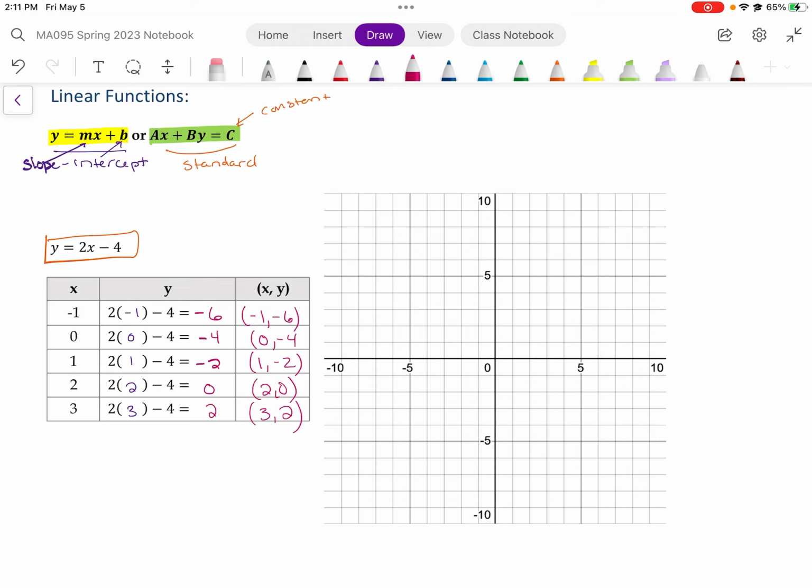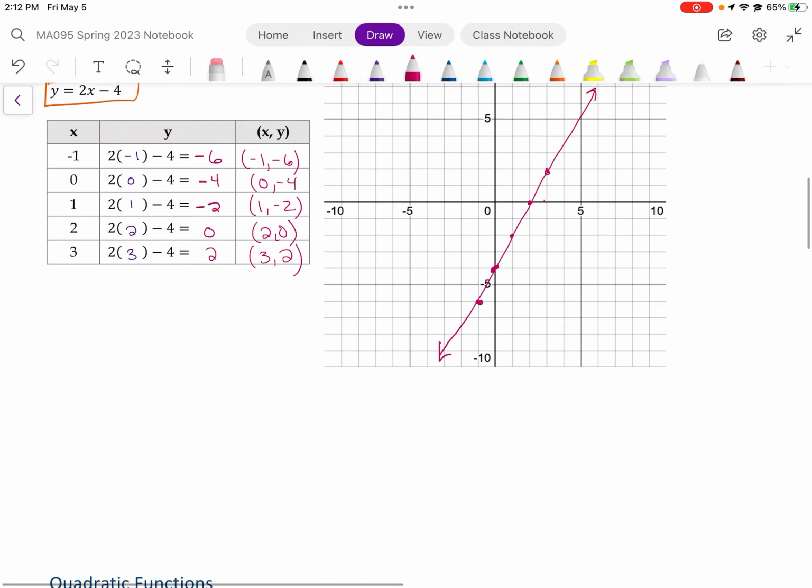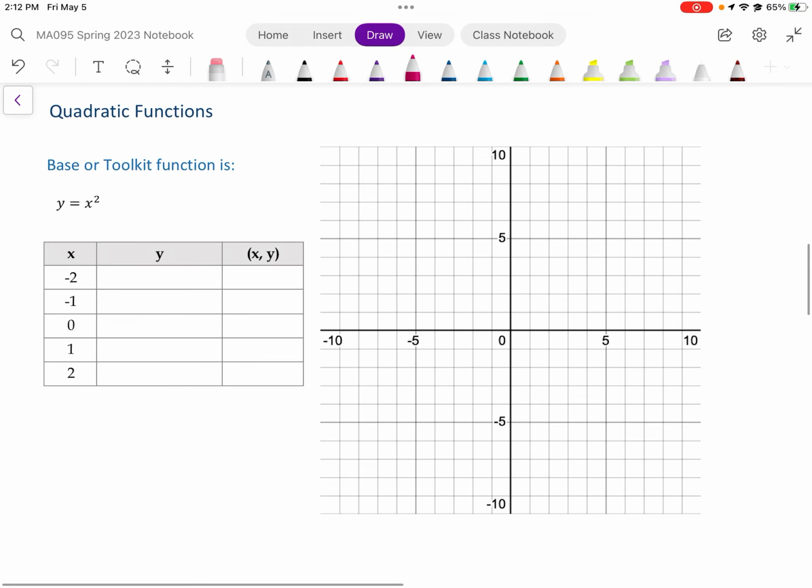Okay, so we can draw a line through this because this is an equation, and it is the equation of a line. So that's a linear function. That was just a little warm-up.